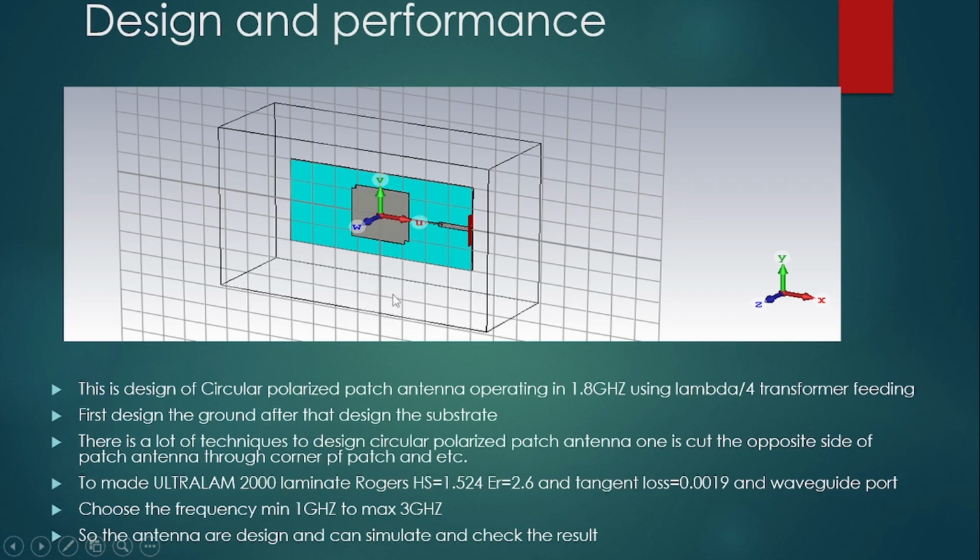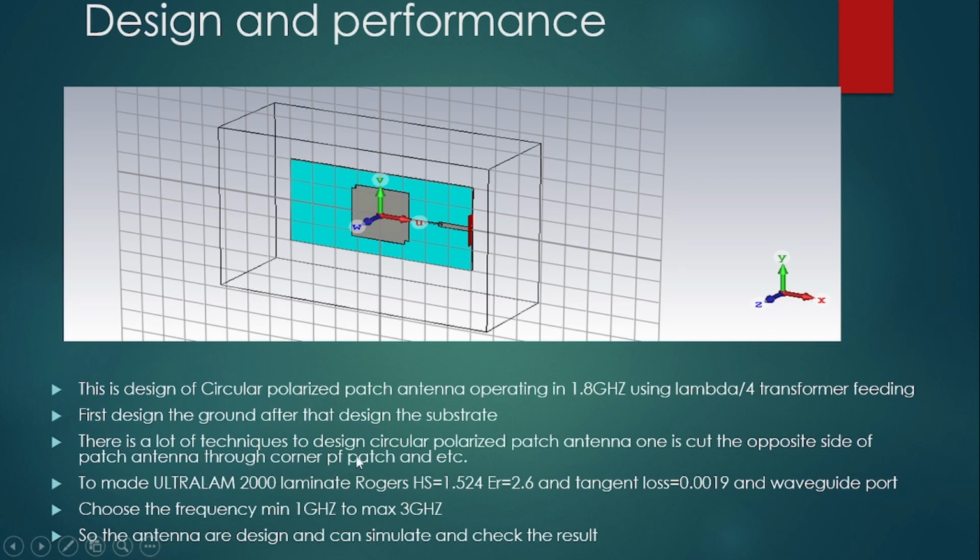For the design and performance, we designed like this. This is the design of a circular polarized patch antenna operating at 1.8 GHz using a lambda over 4 transformer feeding. First design the ground, after that design the substrate.